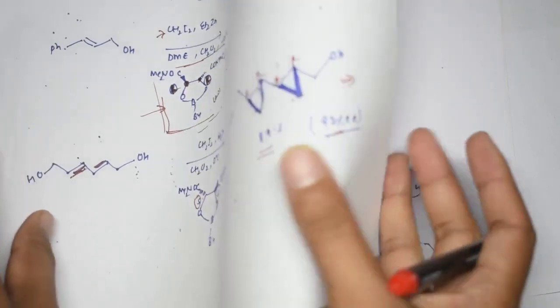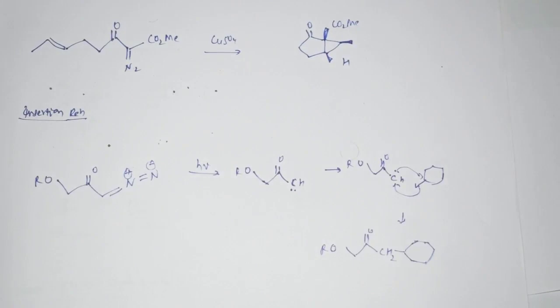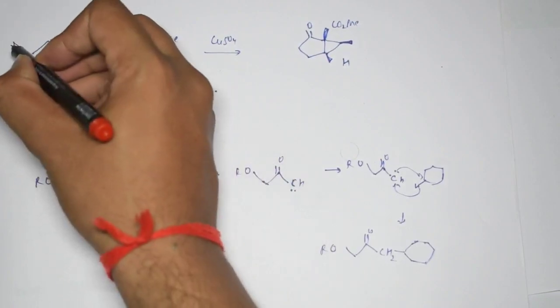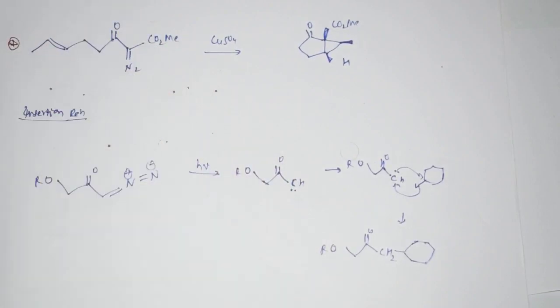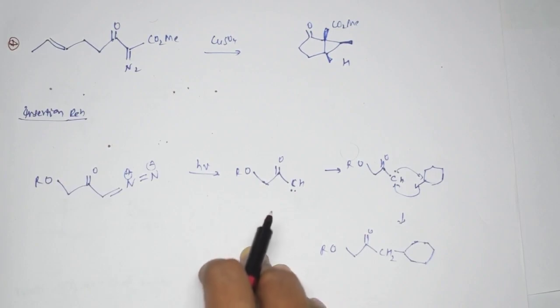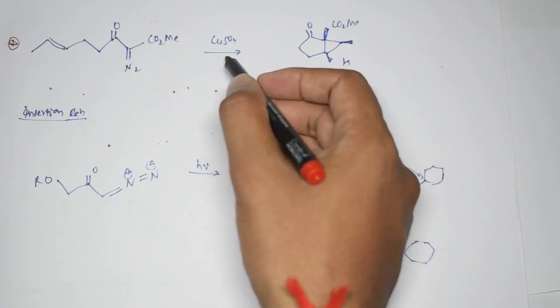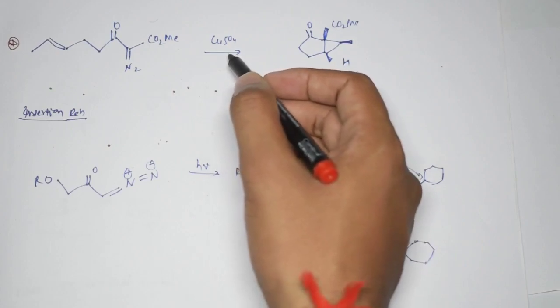Now let's take a different example, and in this case we are going to see what will happen. Suppose we have this example, and the reaction is proceeding in the presence of copper sulfate, CuSO4, right?